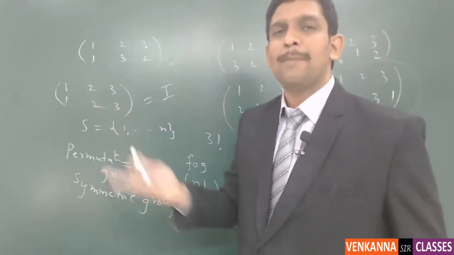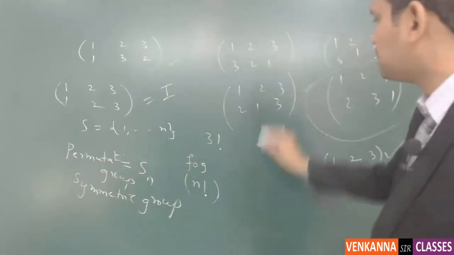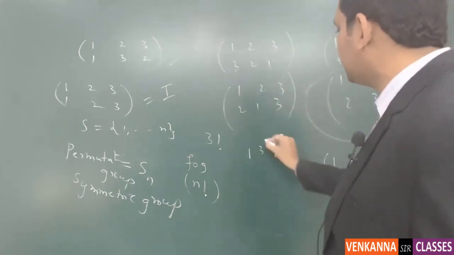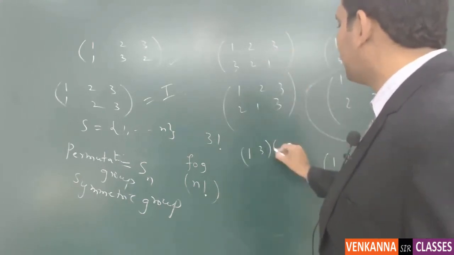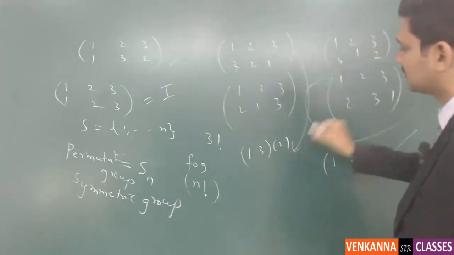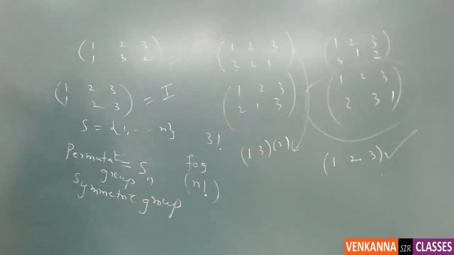And here, if you want to mention that for 1 the image is 3, for 3 the image is 1, and 2 is paired with 2, we will write like this. Okay? Are you clear how we are representing a permutation?